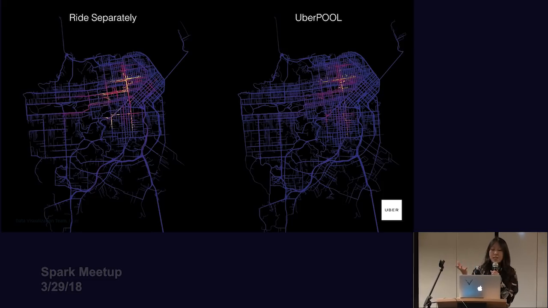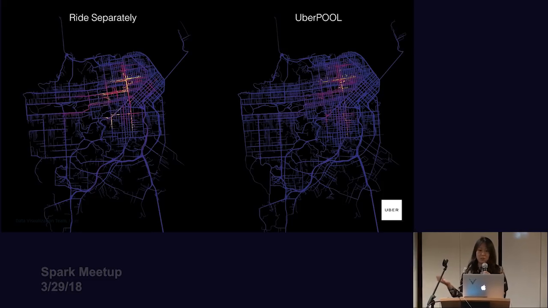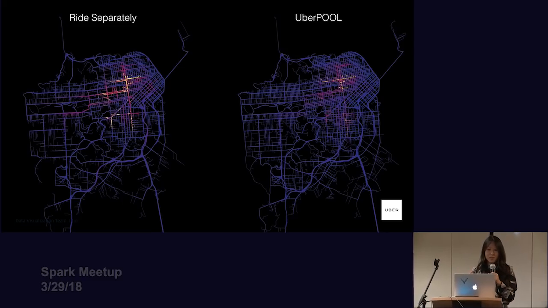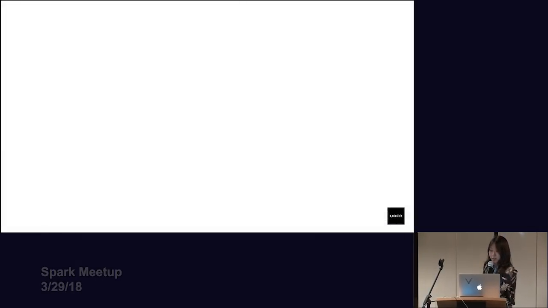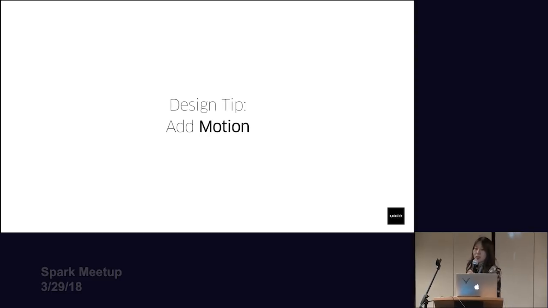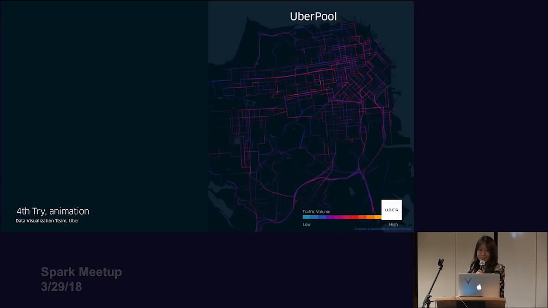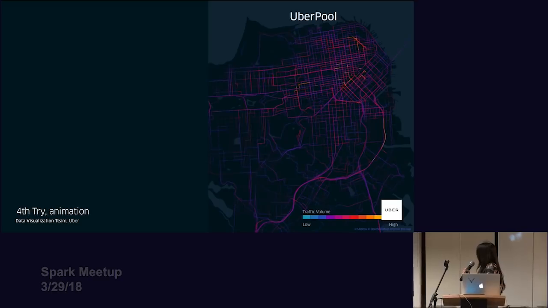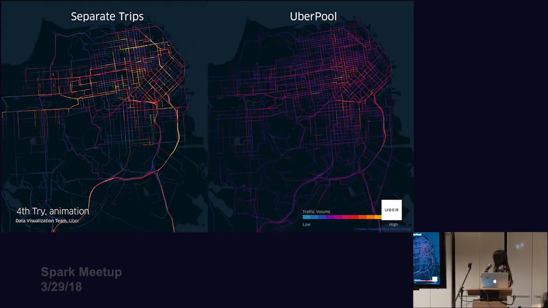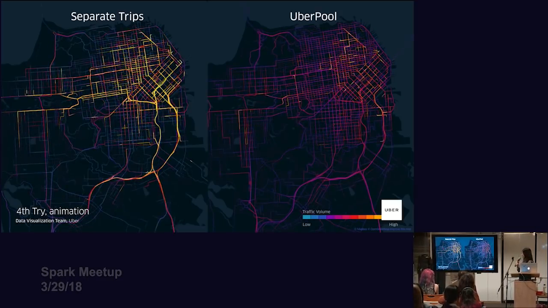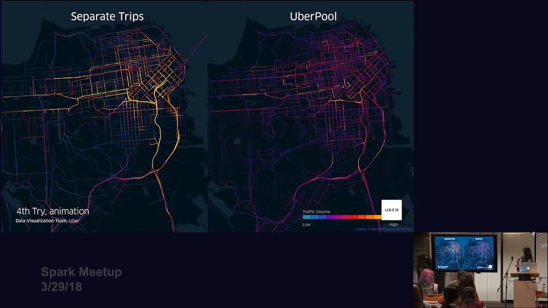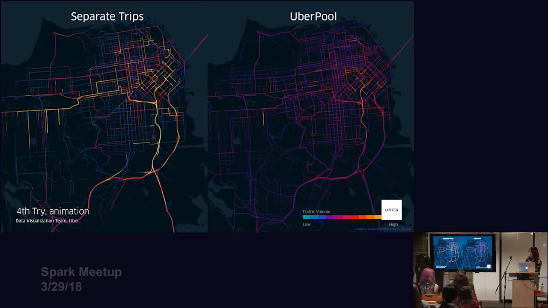In the end, instead of using linear, I started using Jenks natural breaks to calculate the color. And then in the end, I made a video again. I added motion to the static maps, as I always like to do. Now I can see a lot of difference here. So once I painted all my trips based on traffic volume, and then started animating them, I got a really promising result.